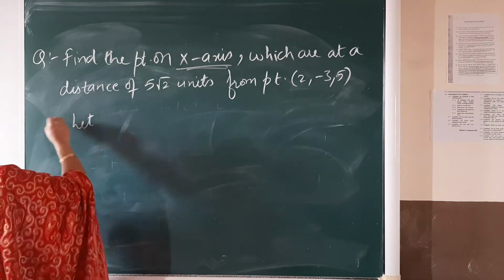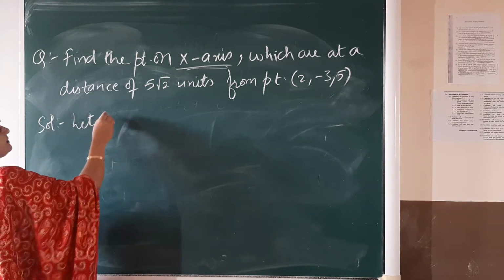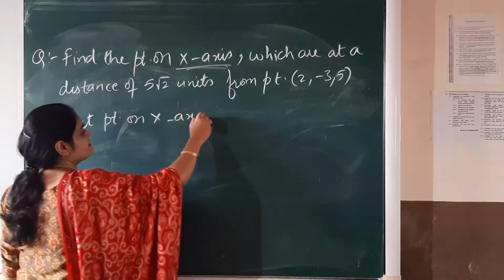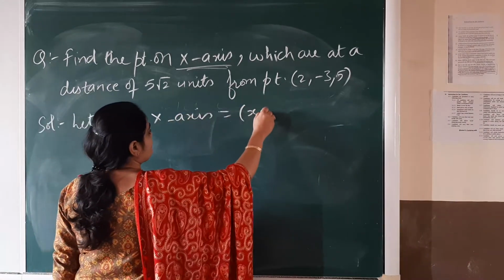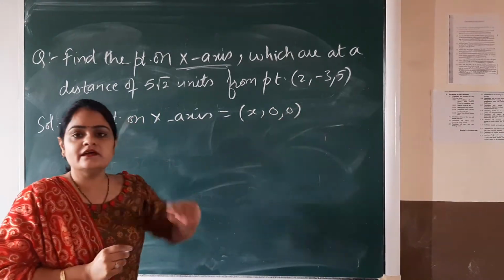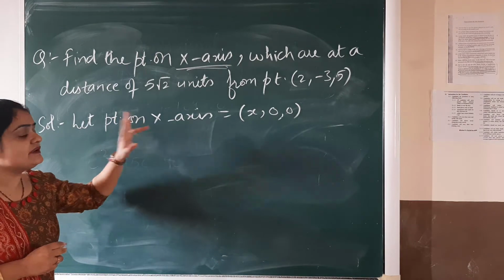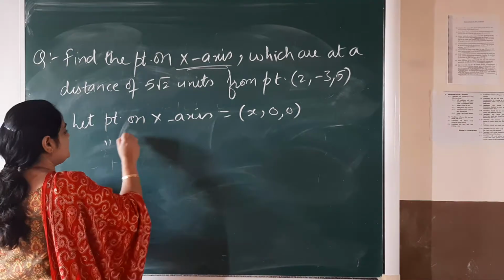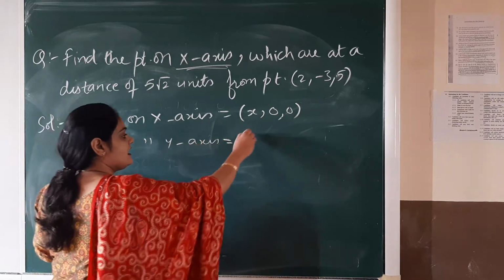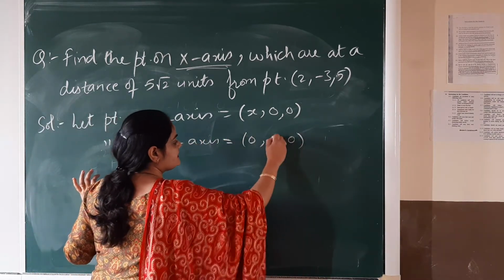So, let the point on the x-axis be (x, 0, 0). Of course, y and z coordinates are 0. Similarly, if the point is lying on the y-axis, then of course x and z coordinates are 0.